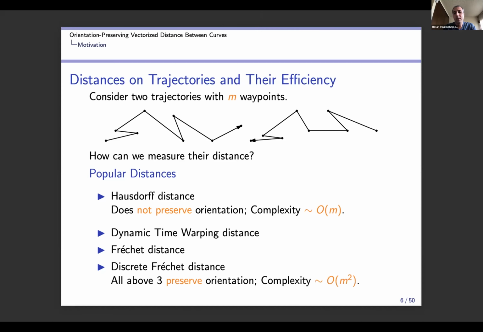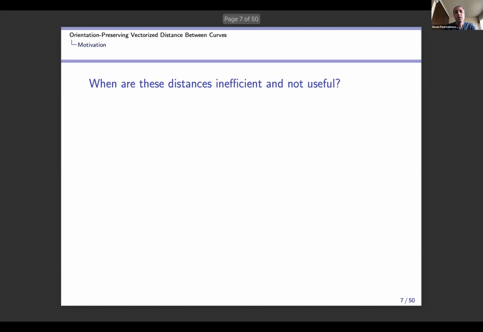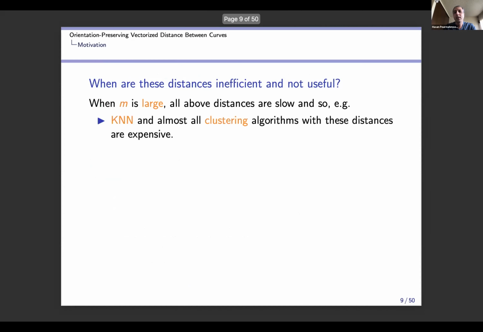So they are a bit slow when m is large. For example, KNN, the k nearest neighbor algorithm, and almost all clustering algorithms with these distances are expensive.